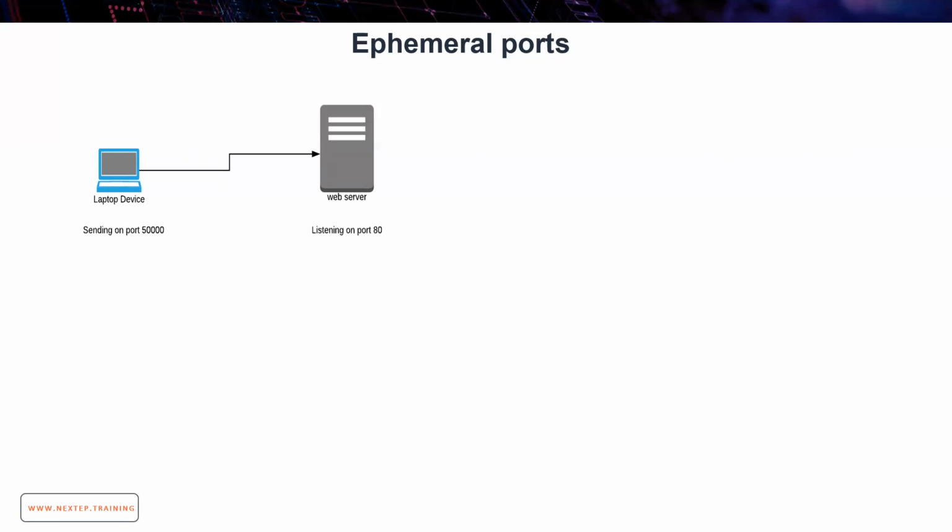Meaning for this web server request to work, you have to allow port 80 from everyone or from this particular laptop device for this particular IP, port 80 on the inbound side, but on the outbound side, you have to open for these ephemeral ports, whatever those ephemeral ports are. In this example, it's 50,000, then allow just 50,000 if you know that it's just 50,000, but the next request could be coming in a 55,000 port number.